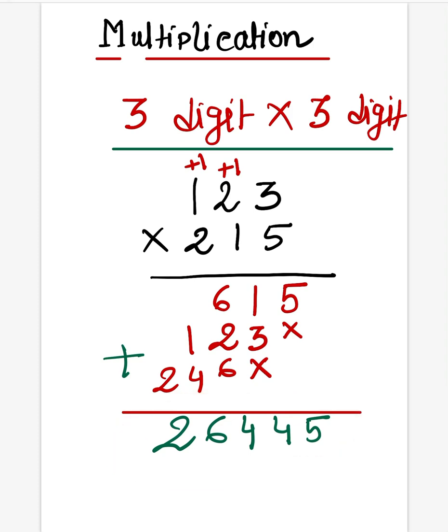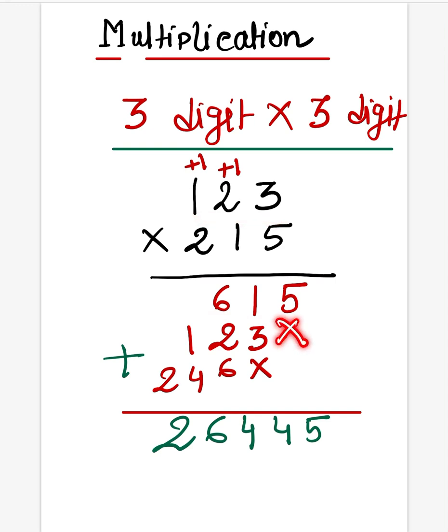Clear? So let me tell you what we have done. 123 is the number we have to multiply with 215. First we take the first place number 5, and multiply it with 3, then with 2, then with 1. This first line represents this multiplication of 5 with this number.